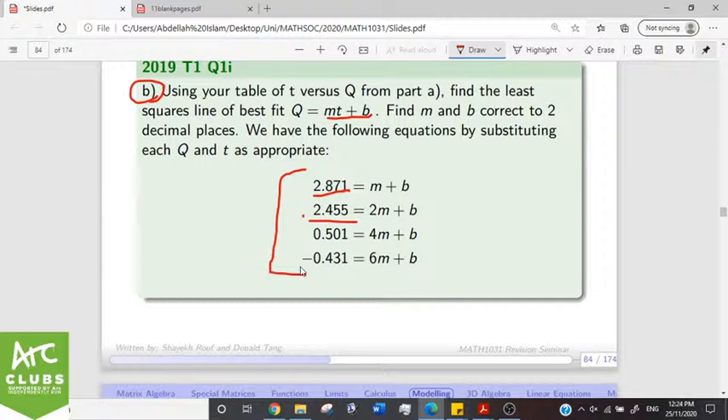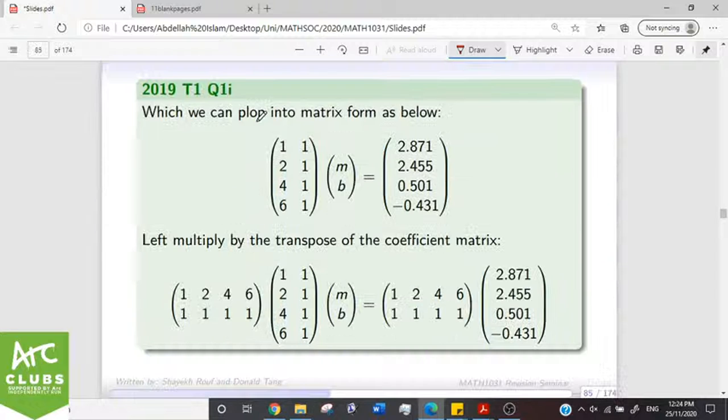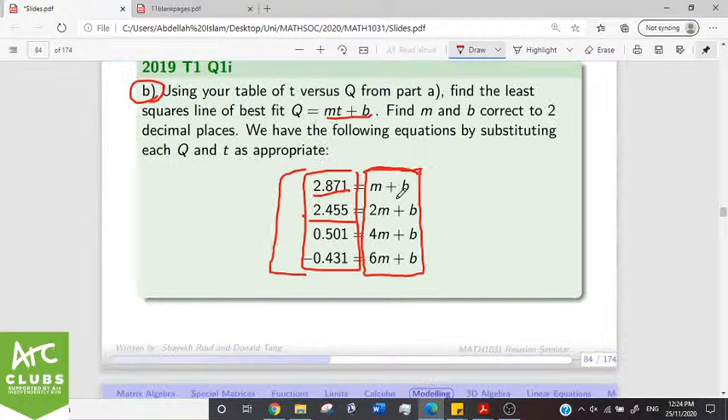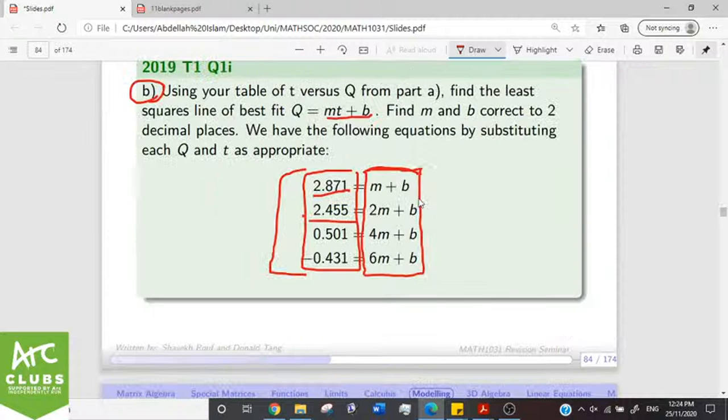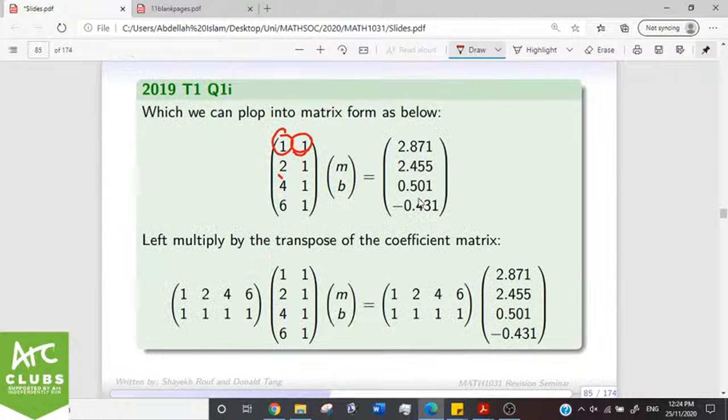And so what you have here is some matrix of equations, and you can equate them to the right-hand side, or the left-hand side in this case. So that's exactly what we do. We put all this into a matrix, okay? So we have 1M and 1B. 2M plus B, we have 2M's and 1B, and so on. And then this side is just resulting values.